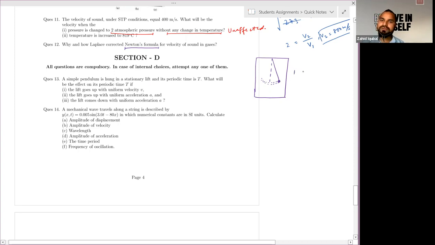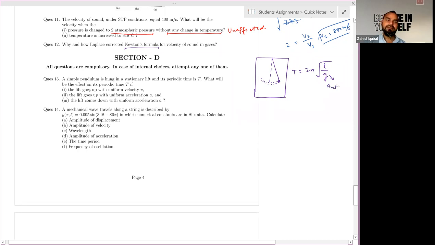So the time period of a simple pendulum is 2 pi root under L by g, where L is the distance of its center of mass from the axis and g is the net acceleration of that particular system.